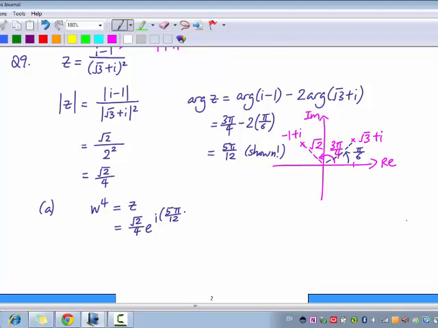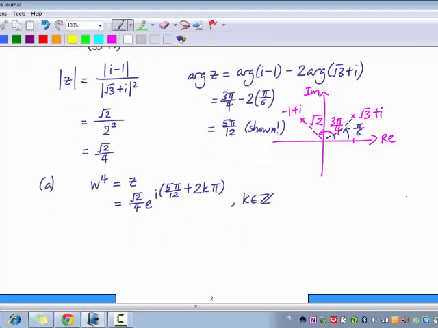As usual, we add multiples of 2 pi to the argument, and then try to rewrite the power with a common denominator, so that when we take the fourth root, we divide each of the powers by 4.